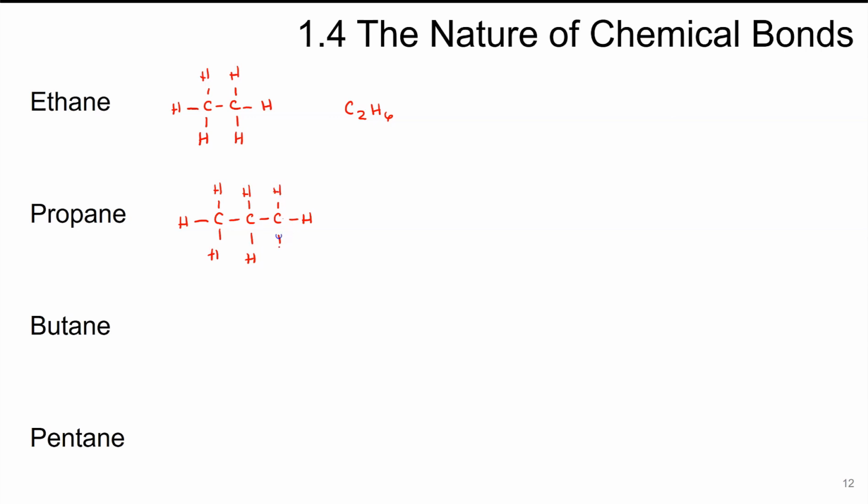And each of these carbons has 4 bonds. Each of the hydrogens has 1 bond. Butane has 4 carbons. And pentane has 5.